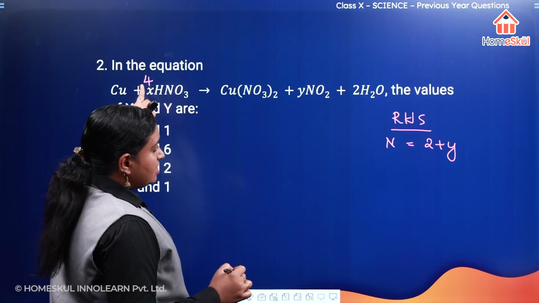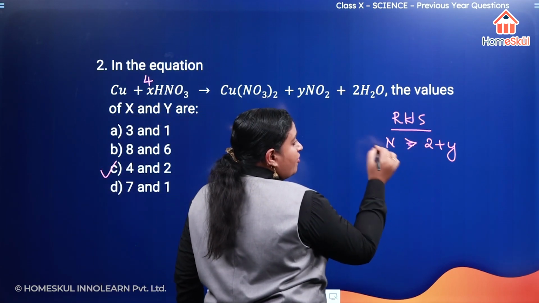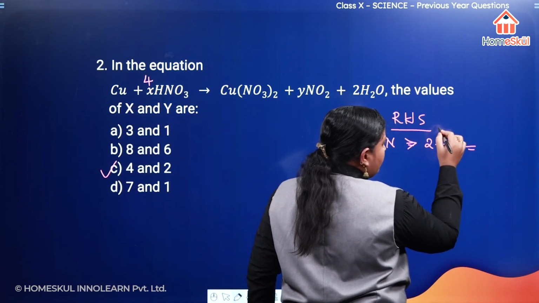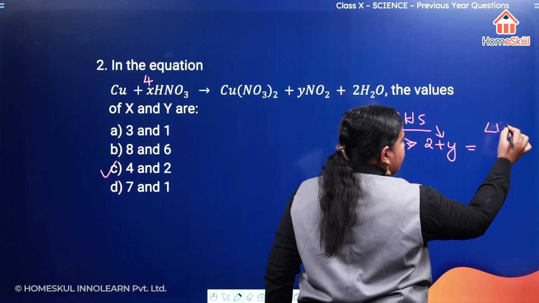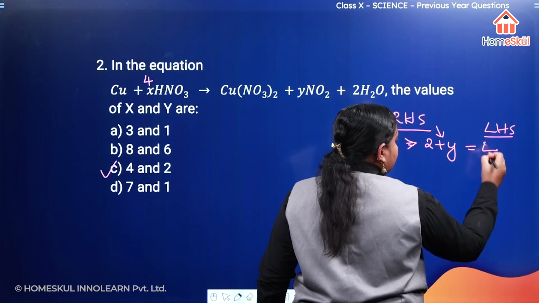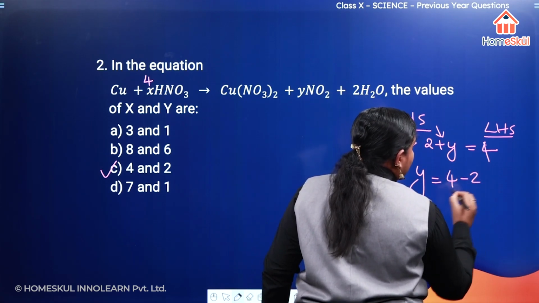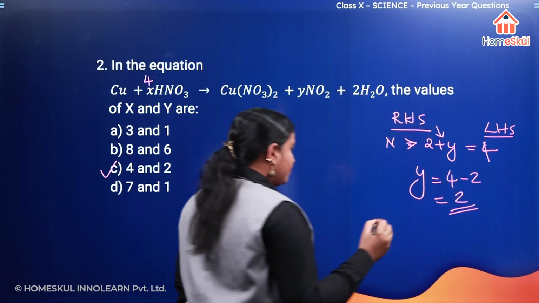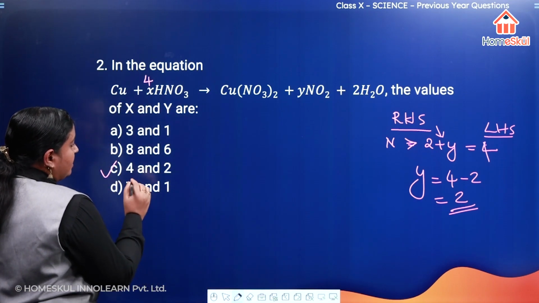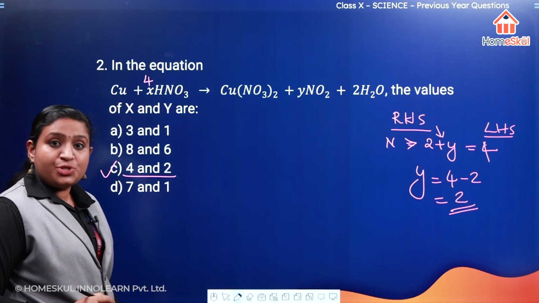It is 4, isn't it? So the number of atoms on the right hand side and the left hand side must be equal. So Y is 4 minus 2, that is 2. So here our answer is 4 and 2.